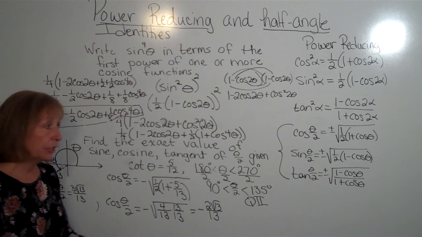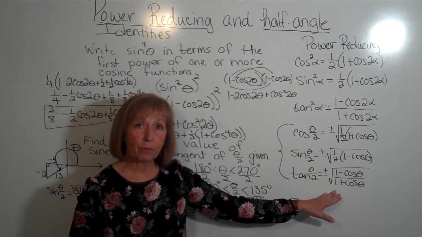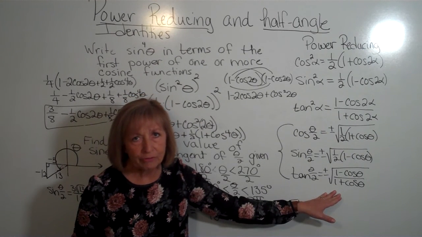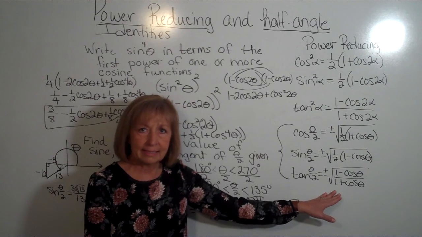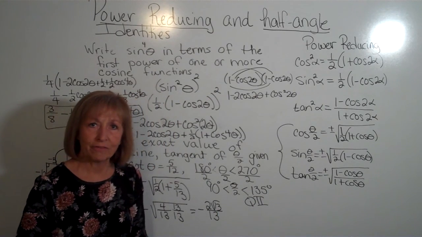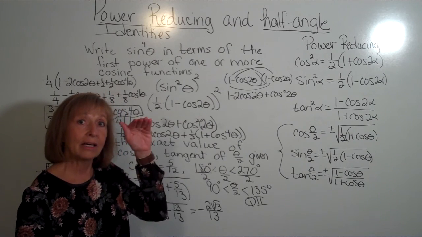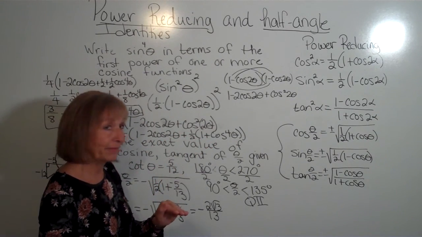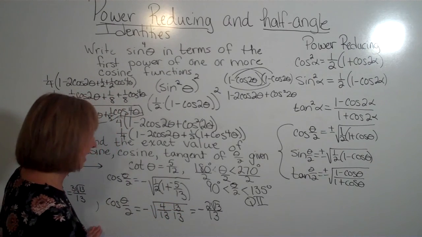And while I could go through and do this formula for the half angle for tangent, and it's actually a good idea to do it for practice and then see that you get the same answer, you can also get the tangent of theta over 2 by just taking the sine of theta over 2 and dividing it by the cosine of theta over 2, since we already have that.